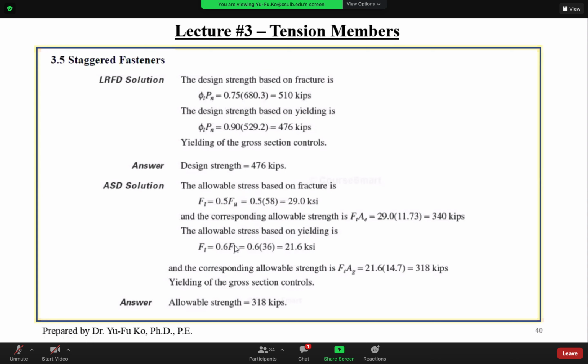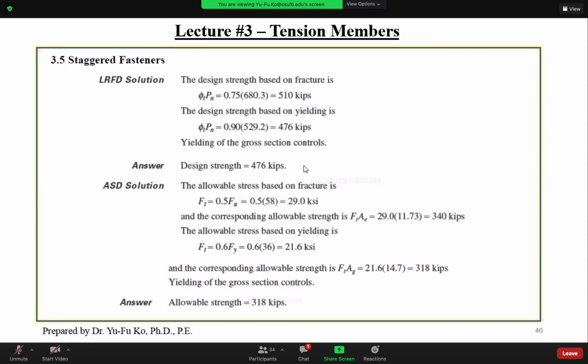So just practical application, this would be like if you're looking for a tension member that's going to hold 500 kips, then you would test it like this and then see that this geometry wouldn't pass. For practical application, this is your capacity, 476.